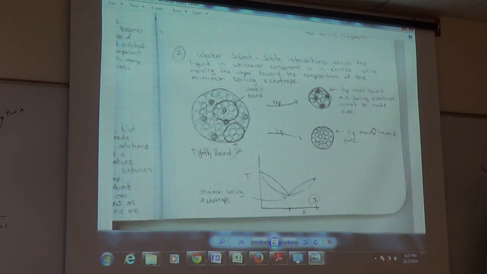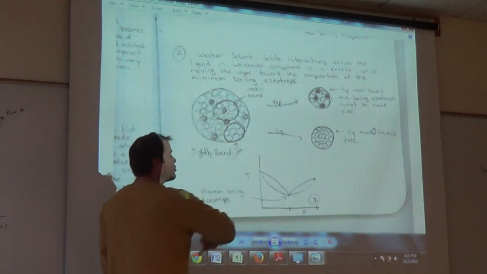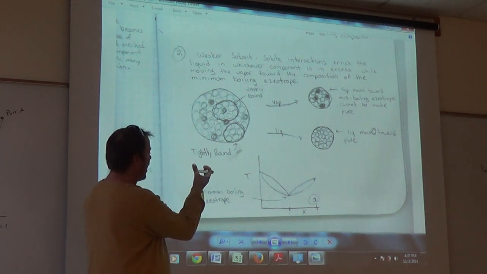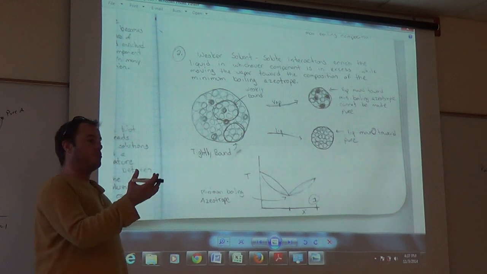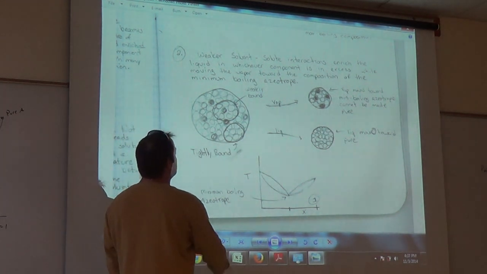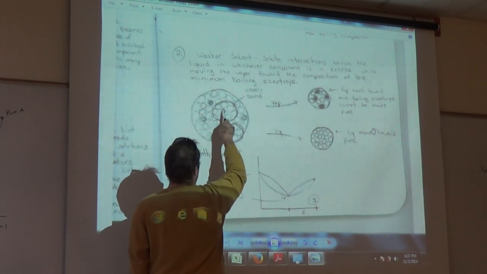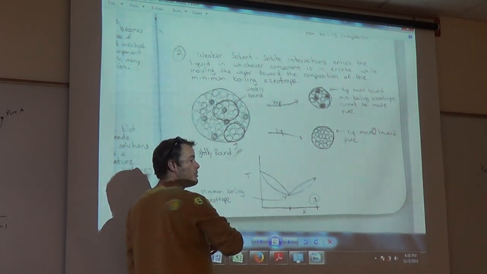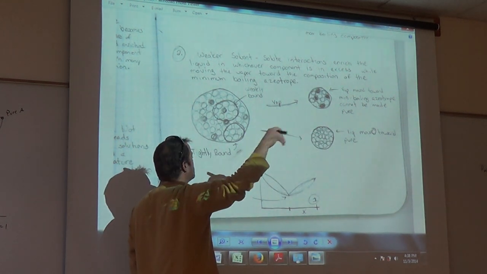The other way to break ideality is to have kind of the inverse situation, where interactions between the solute and the solvent are weaker than interactions between two solute molecules or two solvent molecules. In that case, we get the inverse relationship, where units in which a solvent and a solute molecule are interacting together are more weakly bound, and so they go off into the vapor more quickly.